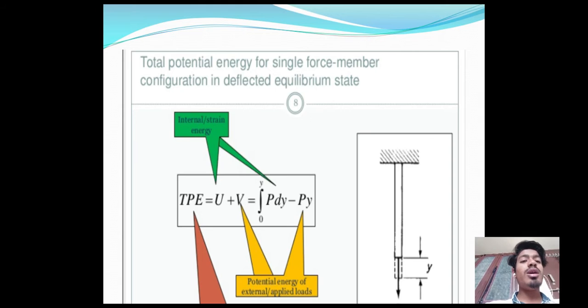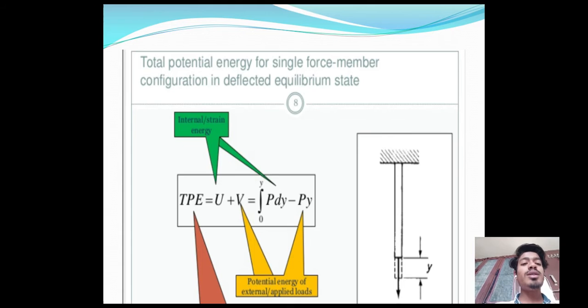So consider the total potential energy for a single force member configuration in the deflected equilibrium state, where y is deflection and P is load. The internal strain energy is given by U in dy, and V in Py shows the potential energy of the external applied loads.